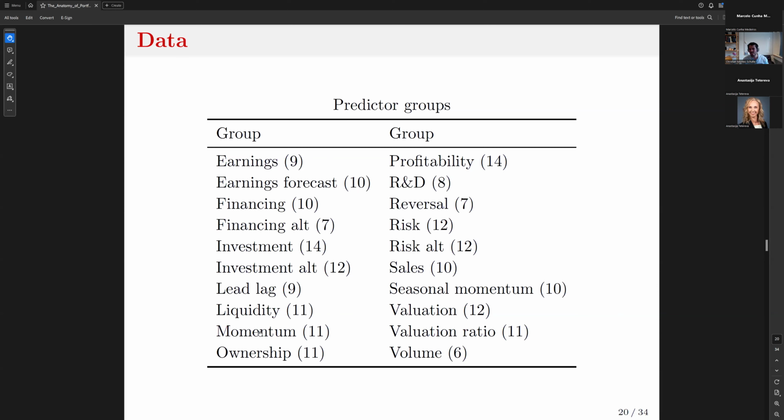Also, groups of approximately equal size, because if you put 90 predictors in one group and then the rest into smaller groups, then that very large group is obviously going to have a very large marginal contribution, almost by construction, right? Because you're putting so much information into it, and it becomes also less clear what you're capturing, because you're grouping a lot of characteristics. So these are the groups that we consider.